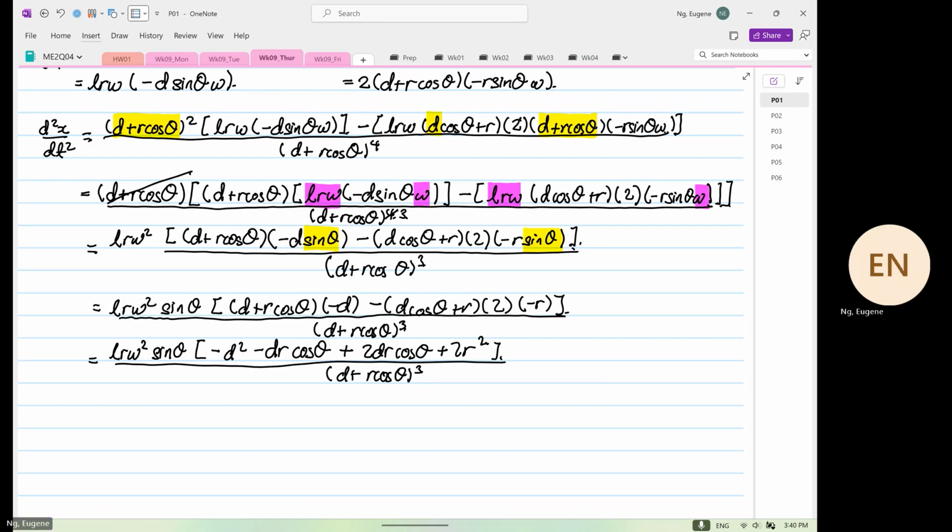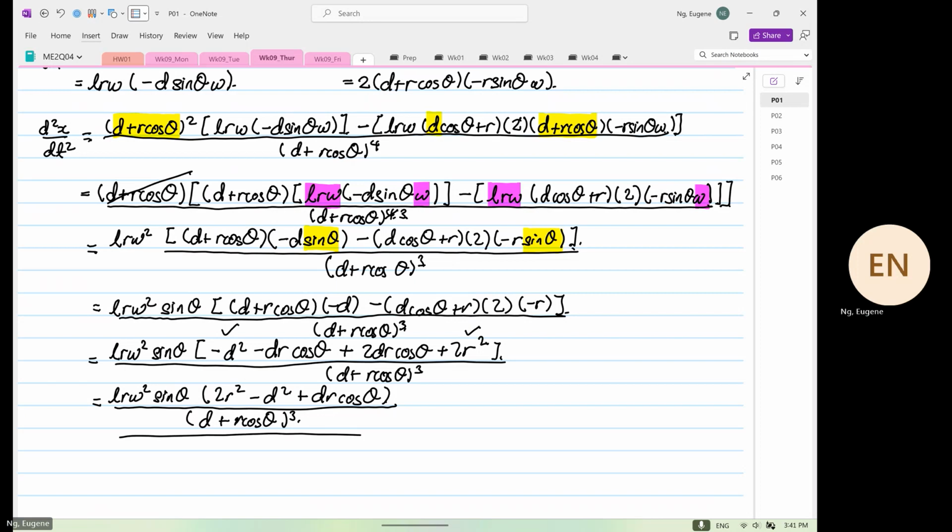So L r omega squared sine theta bracket, you have 2r squared, minus d squared, minus 1 plus 2, dr cos theta over d plus r cos theta, and this is power 3.